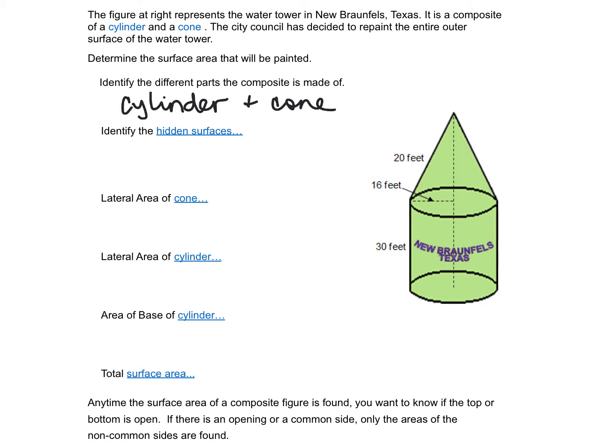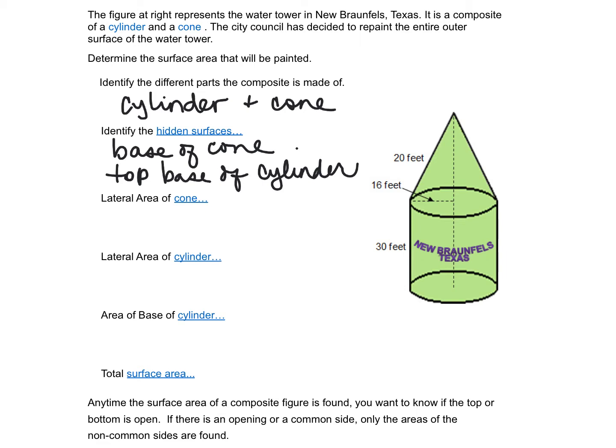So the outside of the water tower, underneath the cone and on top of it, so we're going to say the base of our cone and the top base of the cylinder. These are hidden, so we will not need those.